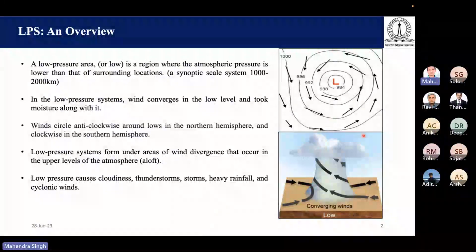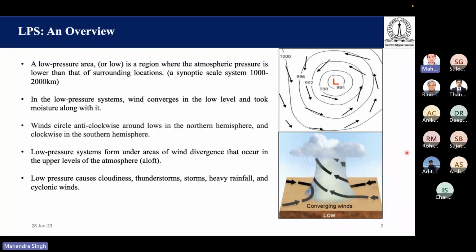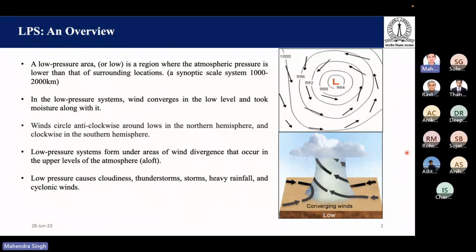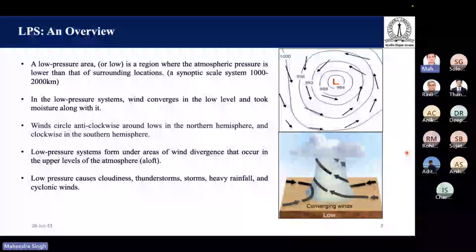First, what is a low pressure system or a low pressure area? A low pressure area is a region where the atmospheric pressure is lower than its surroundings, and it is around 1,000 to 2,000 kilometers in spatial dimension. In a low pressure system, wind mostly converges at the low level and carries moisture along with it.